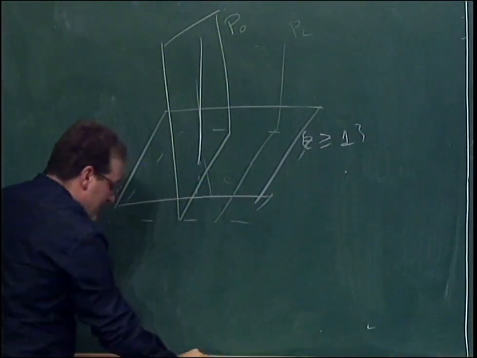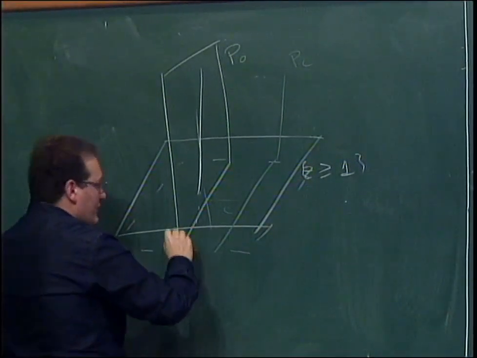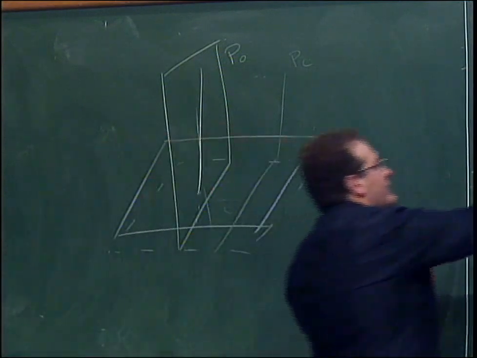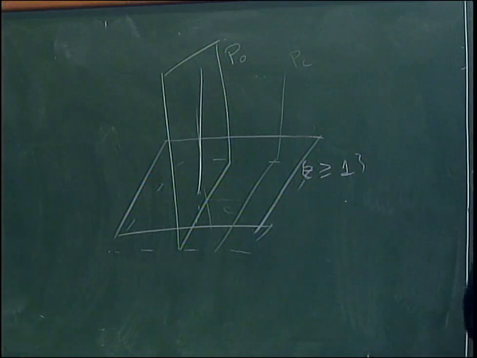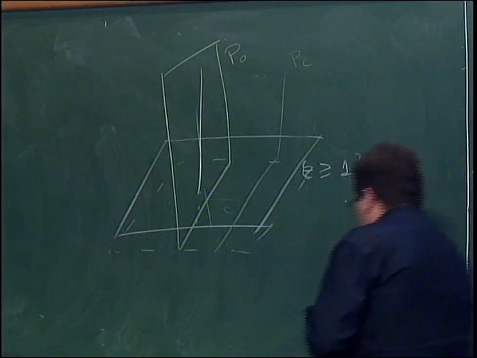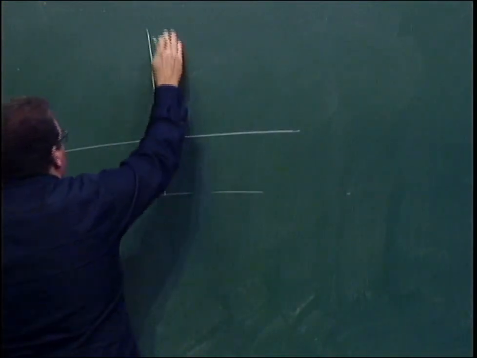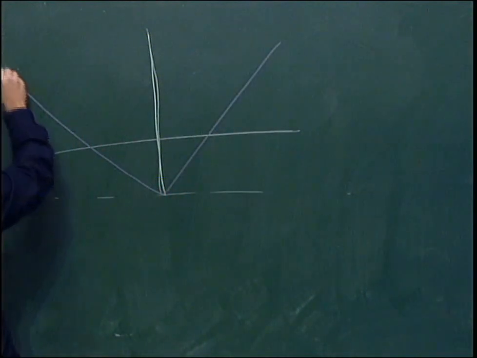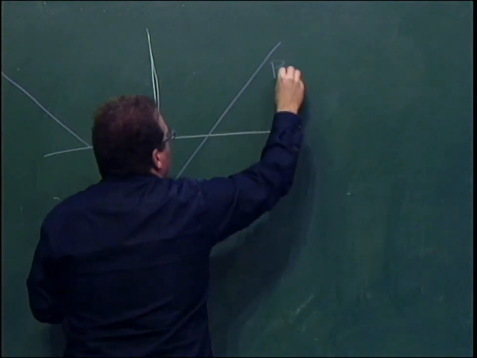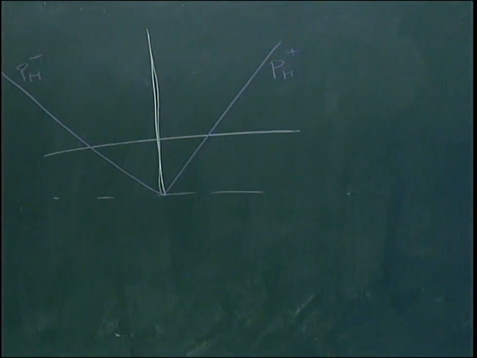Now you take equidistant surfaces to these planes. I will draw the profile, it's better. So here is Z equals 0, Z equals 1. We have here our plane P0, not a plane, but I'm not a good drawer. And here you have two equidistant surfaces, PH plus and PH minus.